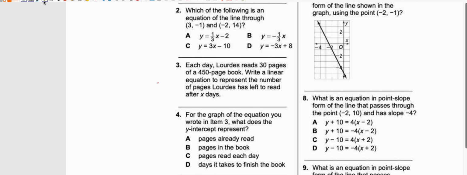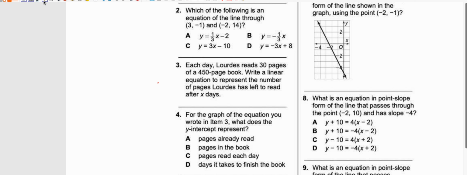Number 2, which of the following is an equation of the line through 3, -1 and -2, 14? There's a couple of approaches you can take to this, and I'm okay with whatever approach makes the most sense to you or works best for you. One approach would be simply to put the x and the y values into each equation and see if they work.